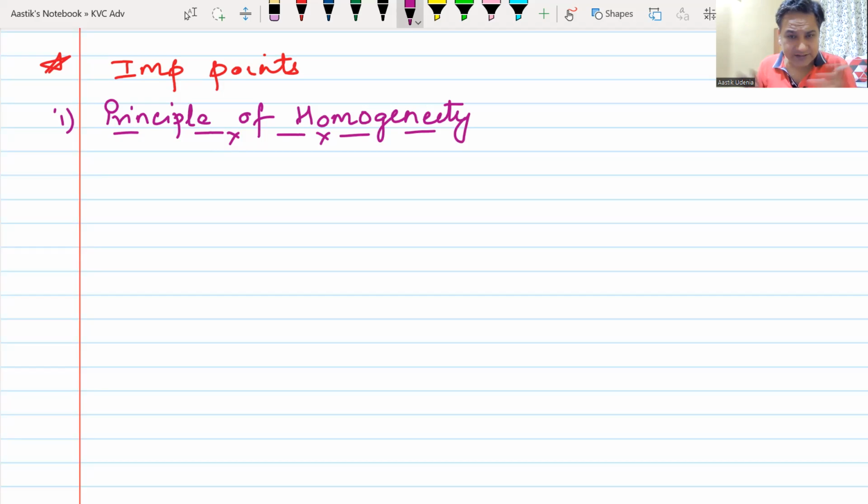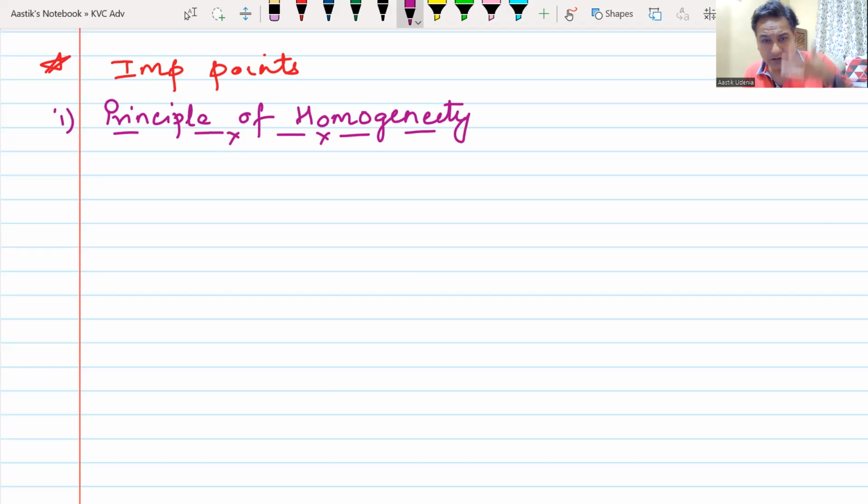Now, when you have an equation in physics, what will you have? You will have physical quantities on the left hand side and physical quantities on the right hand side. Now, if that is the case, whatever physical quantity is on the left hand side, the same physical quantity must be there on the right hand side, because else we cannot equate. For example, you cannot equate mass with length because they are different quantities.